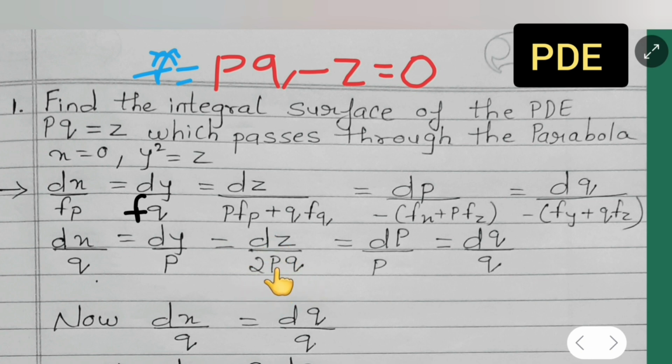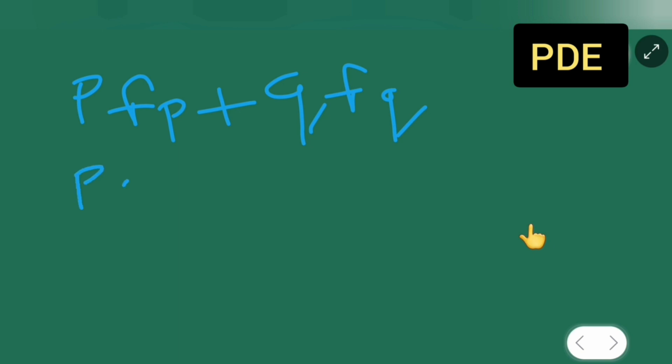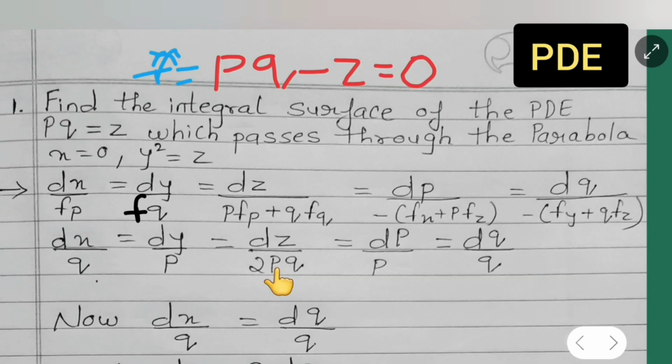Now how did you all get this, let me clarify. P into Fp plus q into Fq. Now what is my Fp over here? When I differentiated this with respect to p, Fp is nothing but q, Fq is nothing but p.